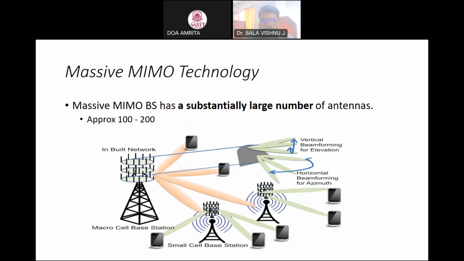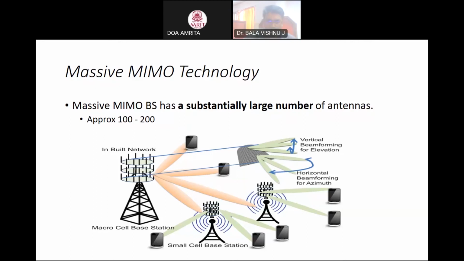But here we are having space diversity, multiple input, multiple output, with about 100 to 200 antennas, MIMO. So by having multiple input, multiple output, we are having two things: one is reliability and another is data rate. Reliability is achieved through diversity and data rate is achieved through multiplexing.